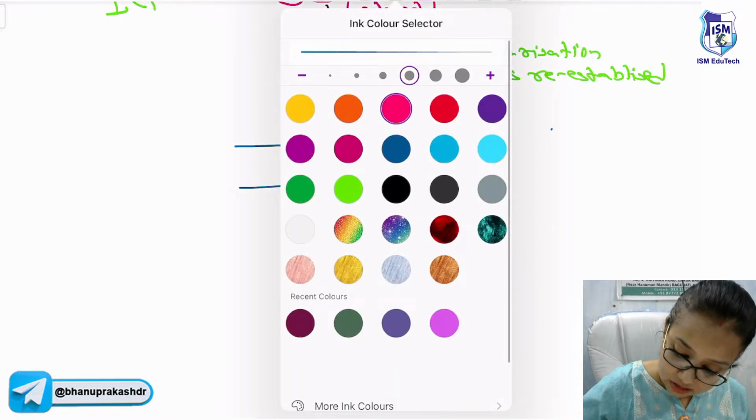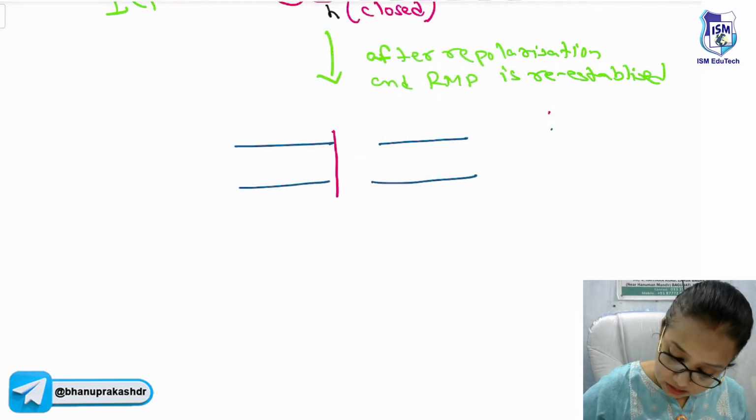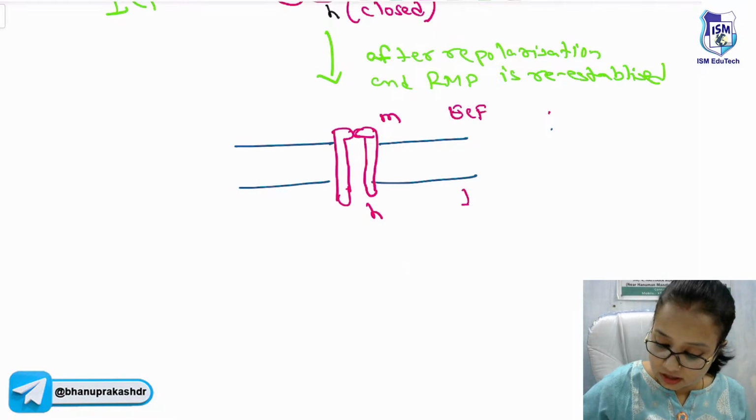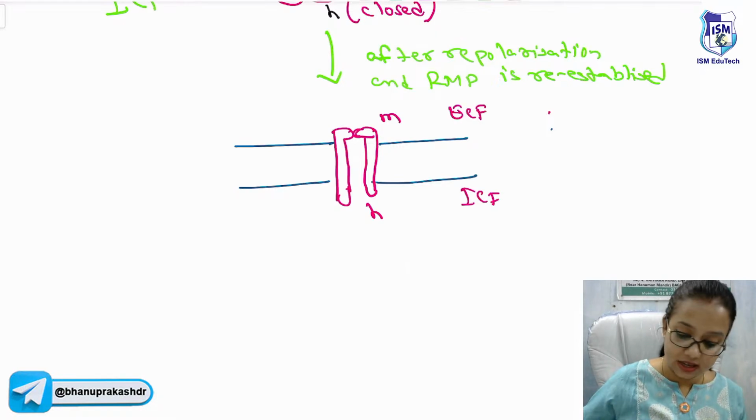Meaning what? Again the M gates go to their original configuration and the H gates open. Okay, this is the ECF, this is the ICF, this is the gate theory.